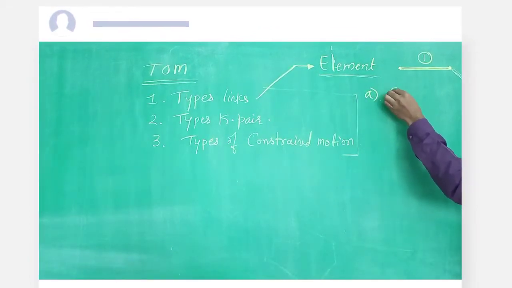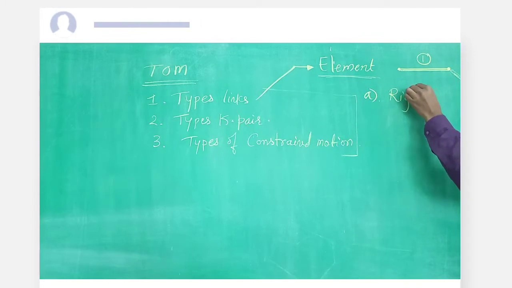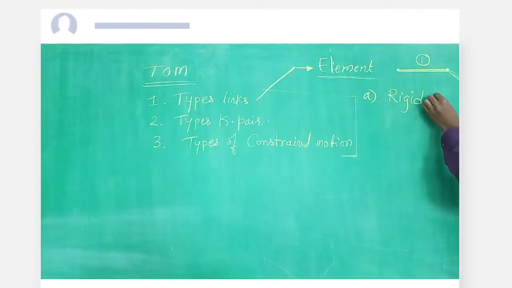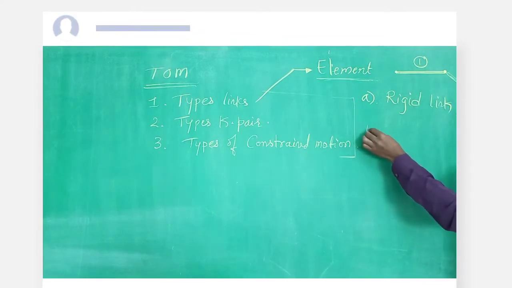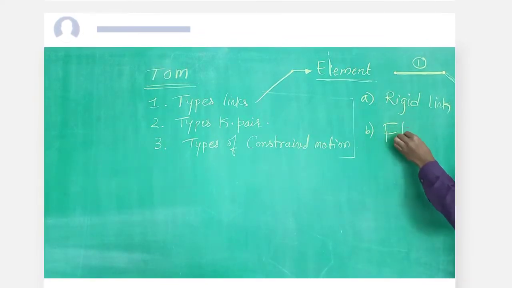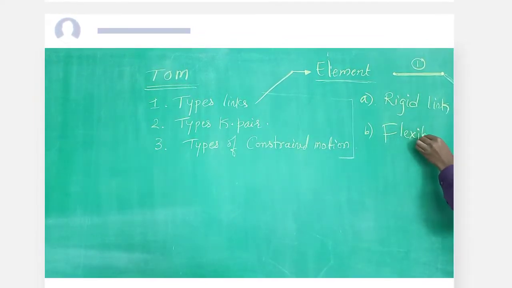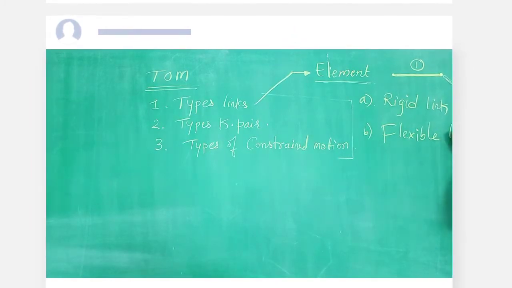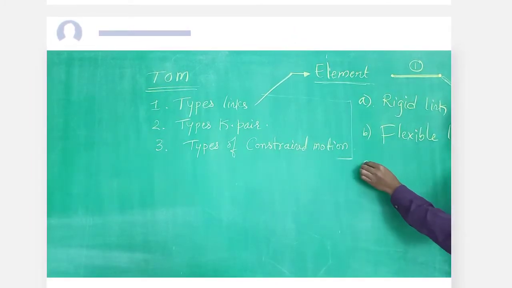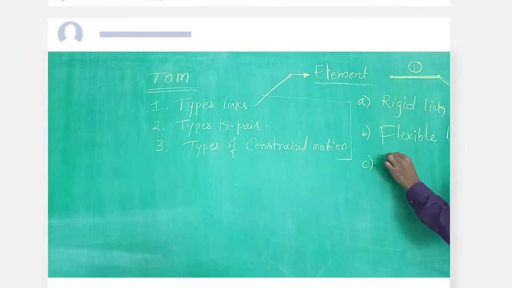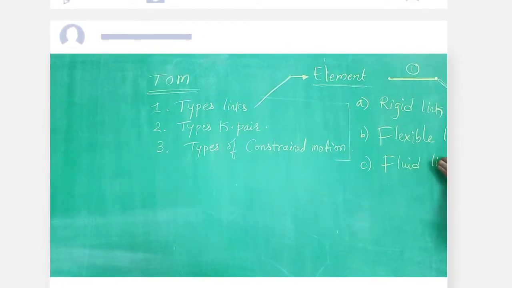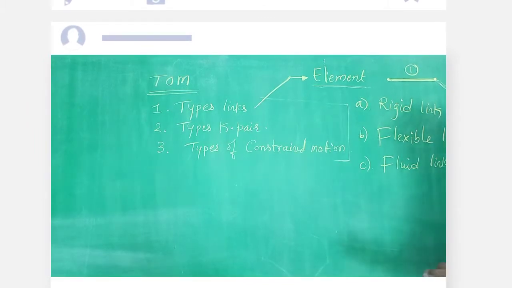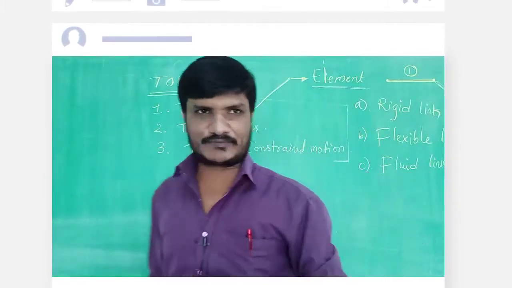Basically there is the rigid link, the second one is the flexible link, and the third one is the fluid link. So mainly we classify links in three types.